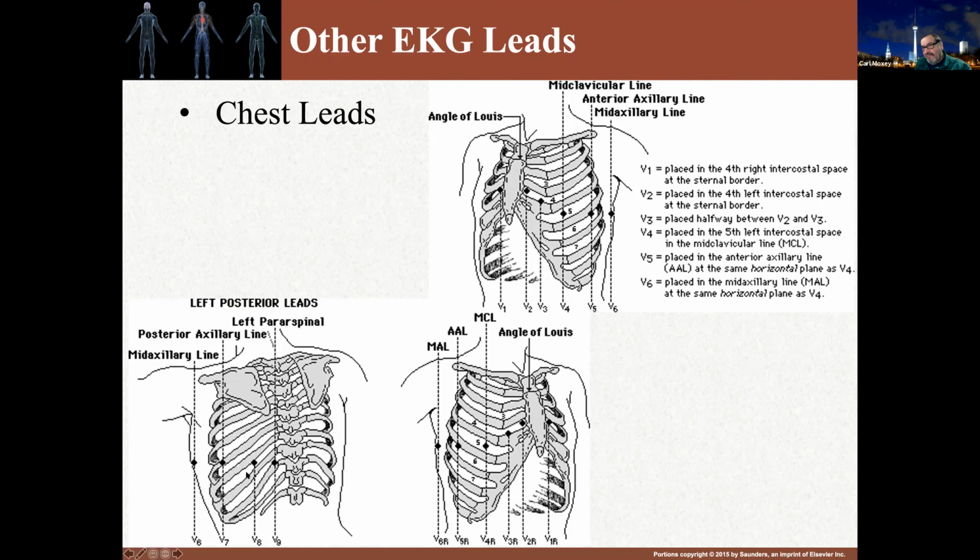We place V8, and V7 is in between those two in what's called the posterior axillary line. And then in the eighth intercostal space, we have V9. You seldom see these, but sometimes it's necessary to do them.